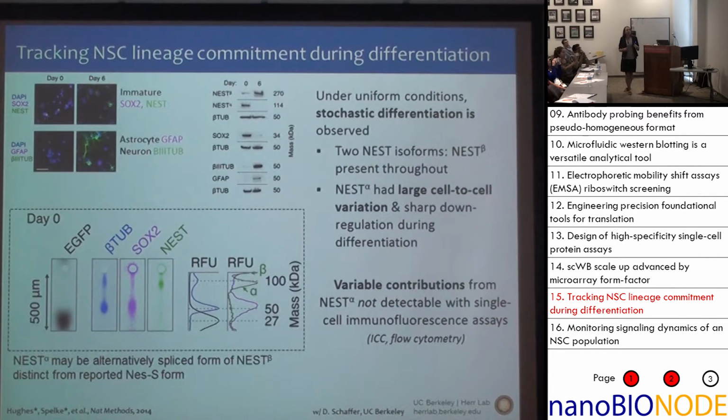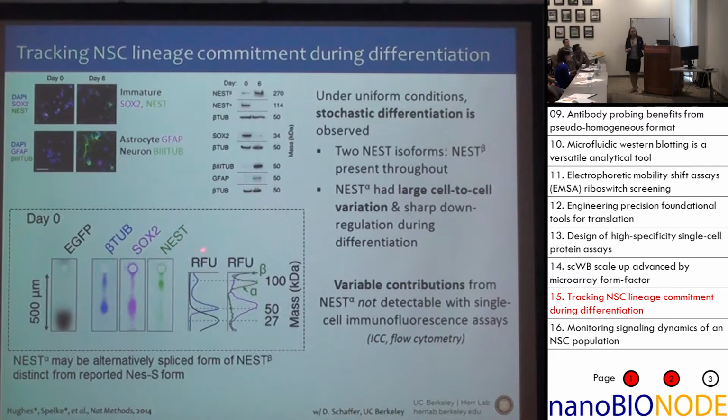I won't talk about it today, but we've looked at several different questions. Everything from differentiation, in this case of neural stem cells, to try to understand how these species develop and the variability in differentiation among a population. One thing I will mention for today, which is really the crux of why anyone does a Western as opposed to just flow cytometry, is found here in this example. At day 0, we had a single neural stem cell. We lysed that cell and did the electrophoresis to do the Western.